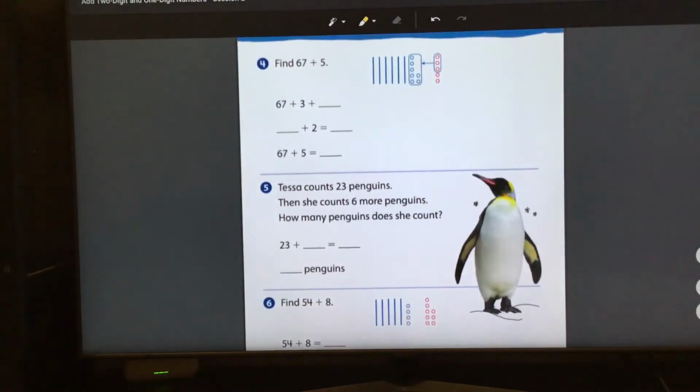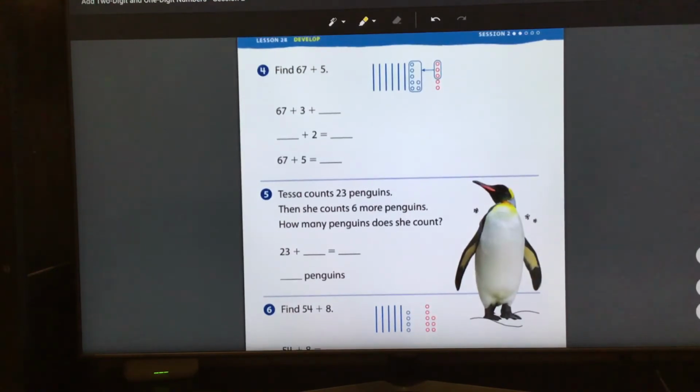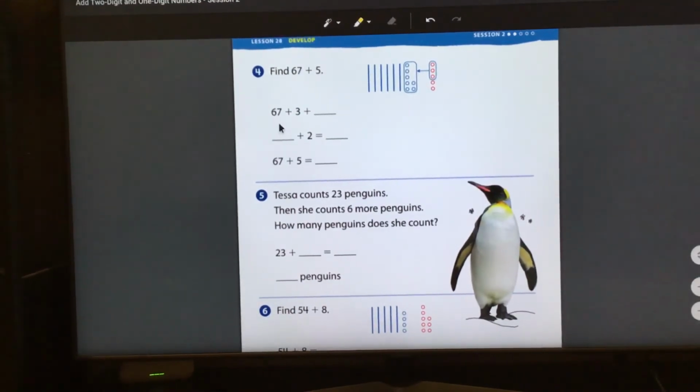Okay, so find 67 plus 5. Notice here it says 67 plus 3 plus something. So this is where it's going to get a little bit confusing, so make sure you're paying close attention. Okay, so 67 is in blue. So 10, 20, 30, 40, 50, 60, 61, 62, 63, 64, 65, 66, 67.